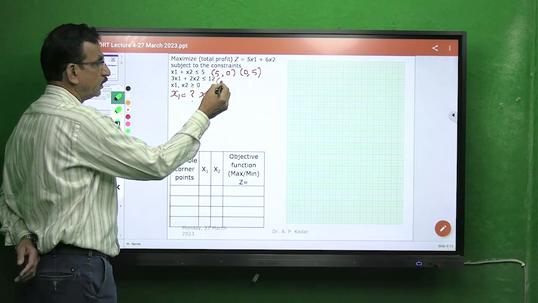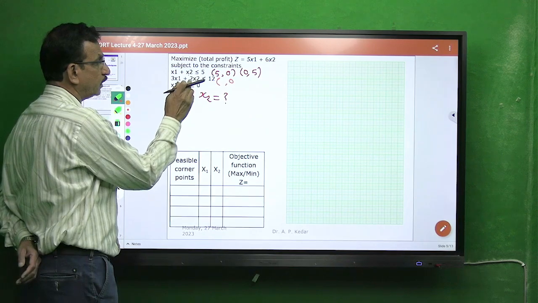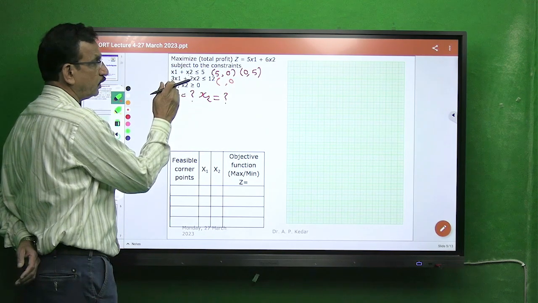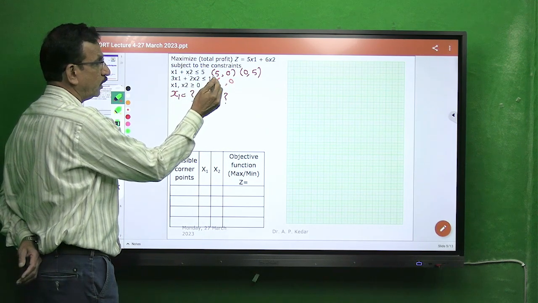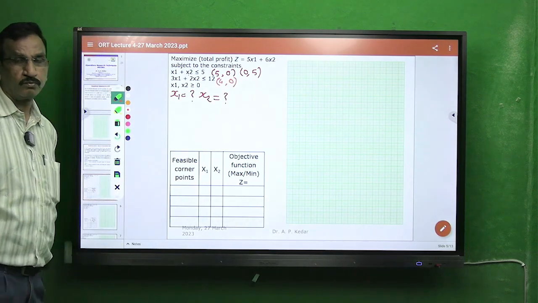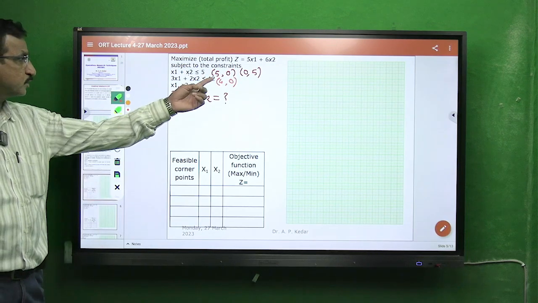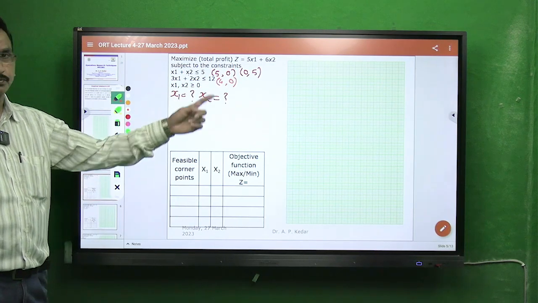So by putting x2 equal to 0, we get the first point for this line as 4, 0.